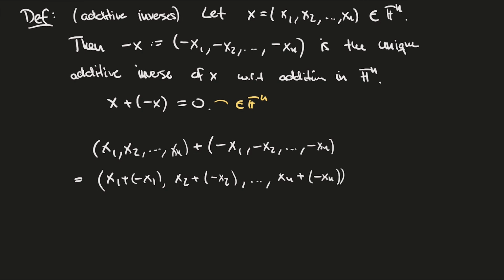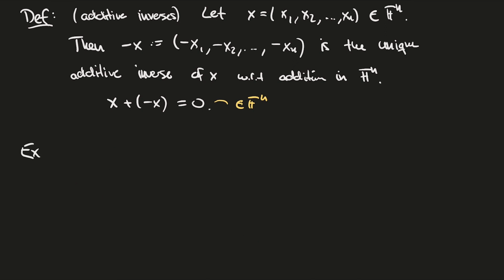And these minus x1, minus x2, and so on are the additive inverses in F. And therefore, if we add x1 to its additive inverse minus x1 in F, what we get is 0. And we get 0 in all the coordinates. And of course, the list that contains only zeros is just the 0 in our space Fn.